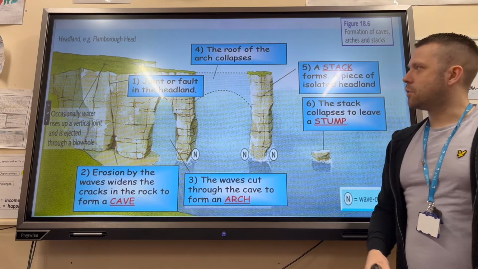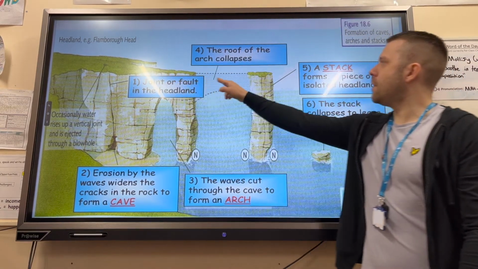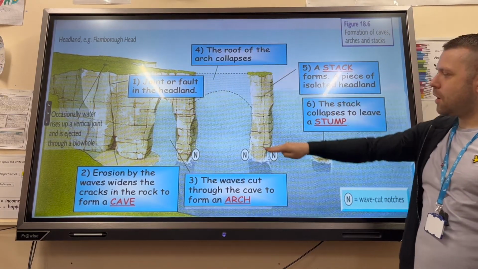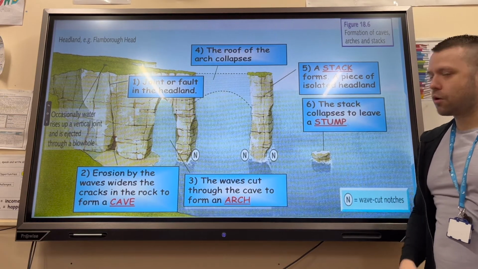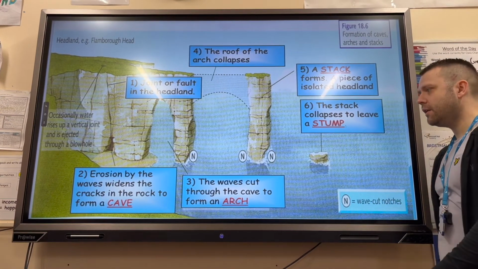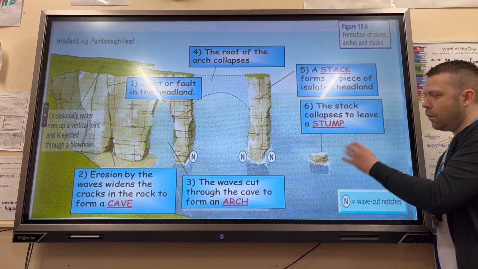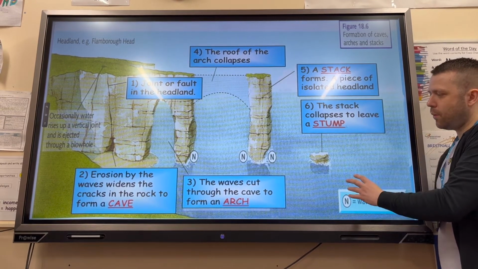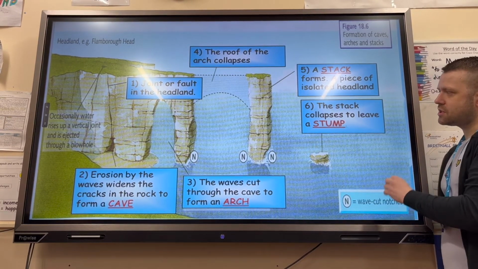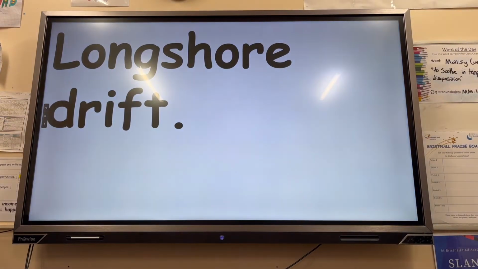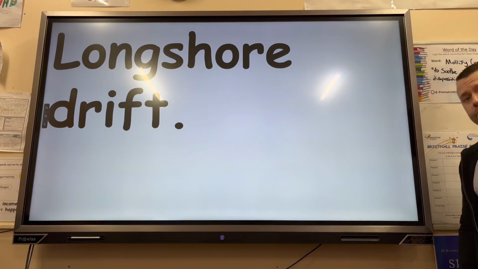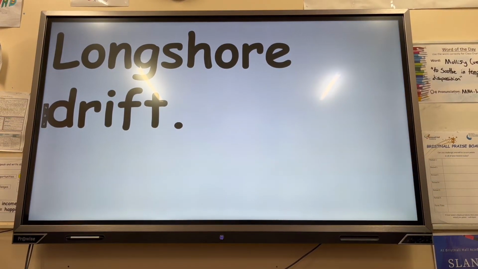These processes will continue until the top of the arch will collapse, leaving behind this tall chunk of rock called the stack. And finally, many years later, all these marine and subaerial weathering processes will erode the stack into a stump.